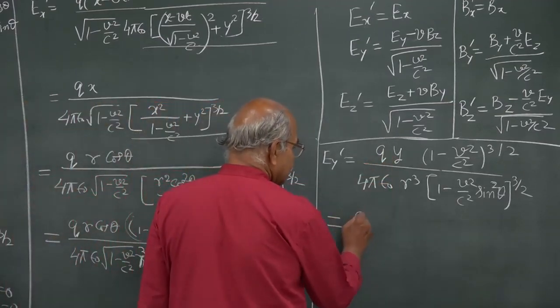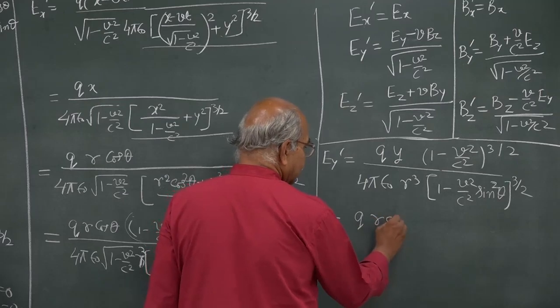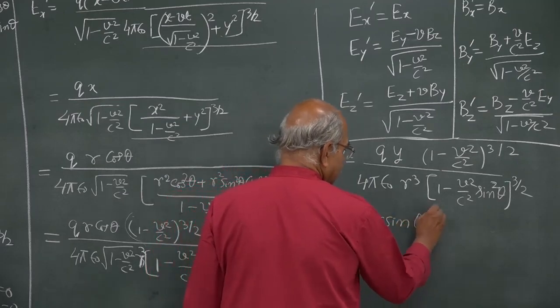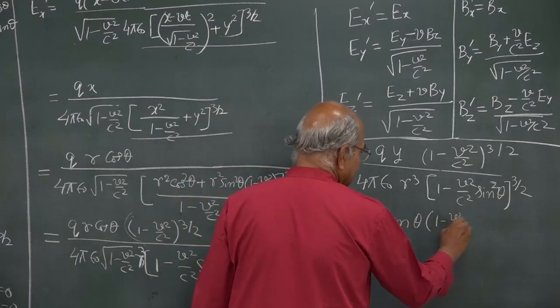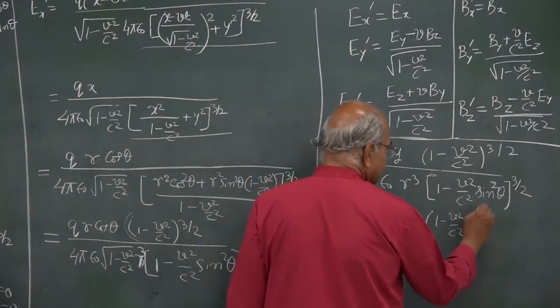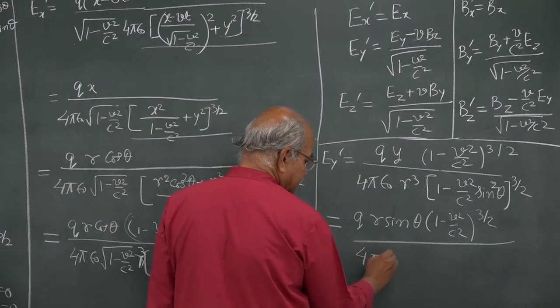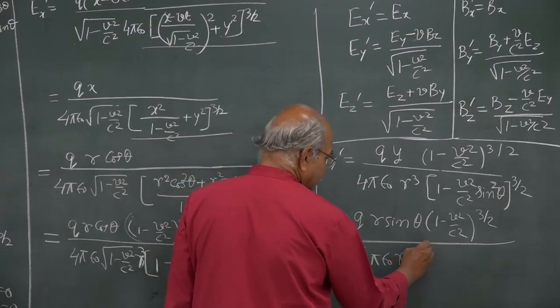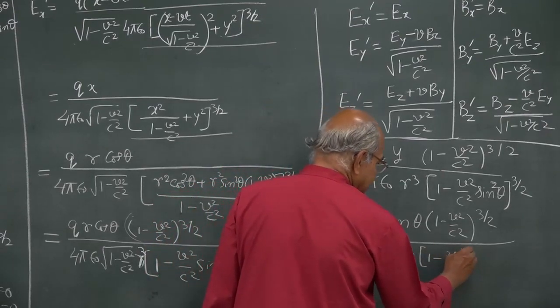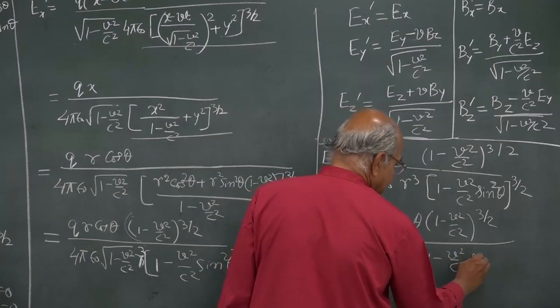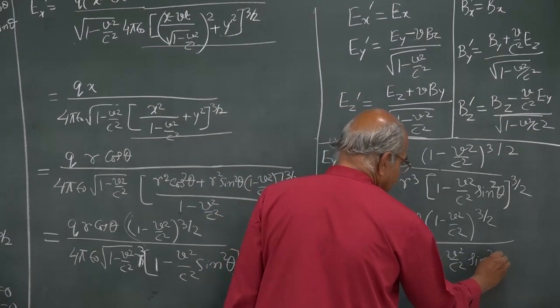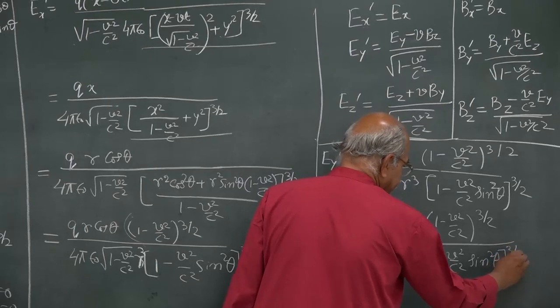So, this is q times r sin theta, and then (1 minus v square by c square) power 3 by 2 divided by 4 pi epsilon naught r cube (1 minus v square by c square times sin square theta) to the power 3 by 2.